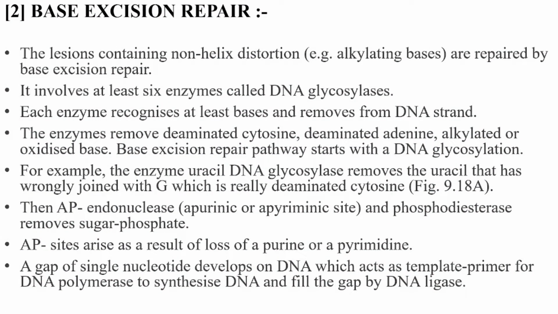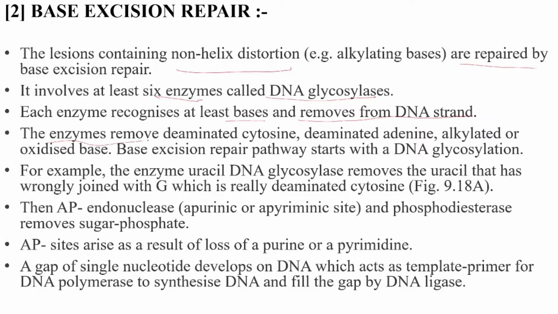Base excision repair. The regions containing non-helix-distorting damage are repaired by base excision repair. It involves at least 6 enzymes called DNA glycosylases. Each enzyme recognizes specific bases and removes them from the DNA strand.